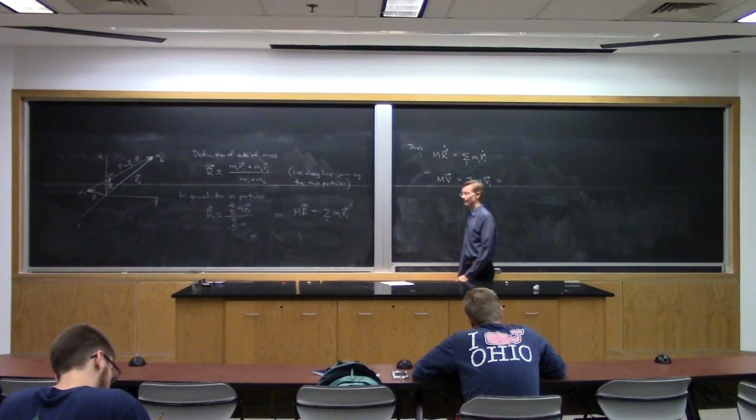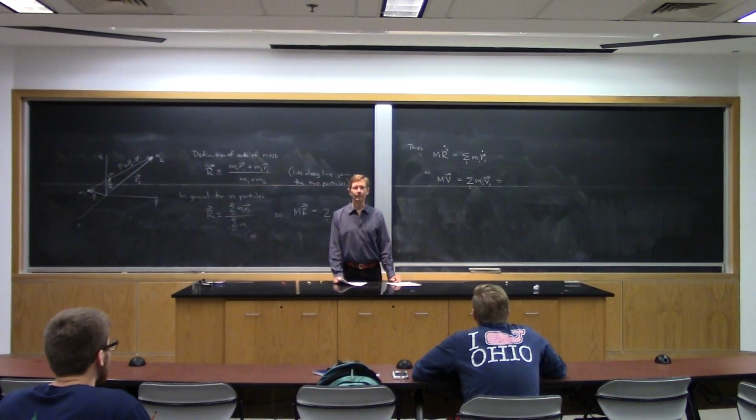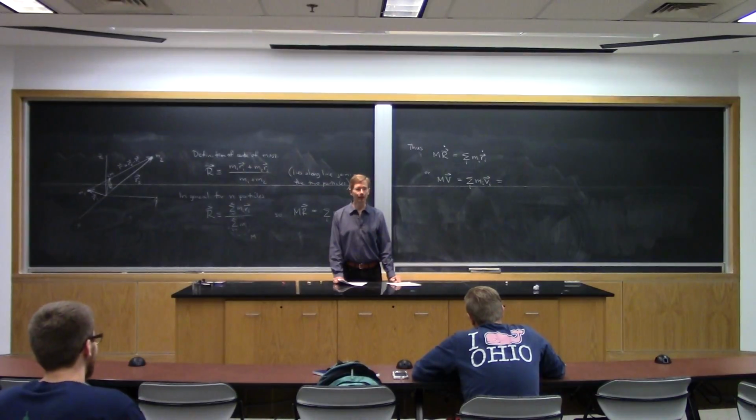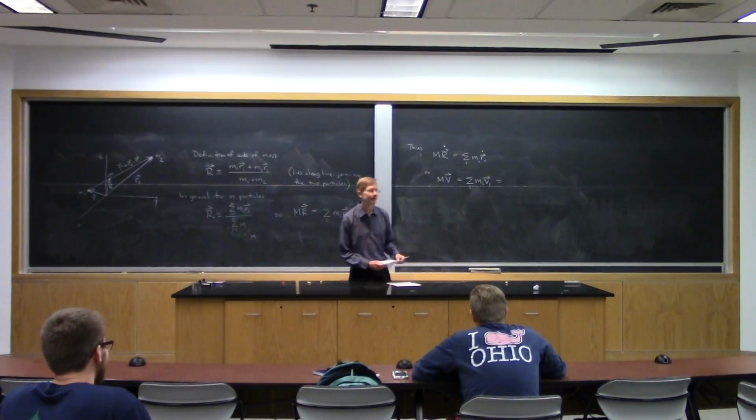But in classical mechanics, mv is what we call the momentum of the particle, where we use the notation p for momentum because there aren't any p's in the word momentum, and therefore we should use p to represent it.